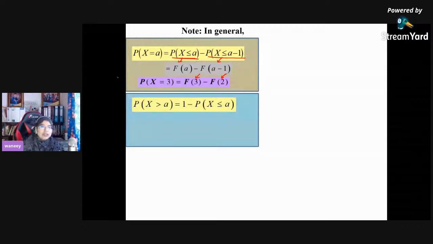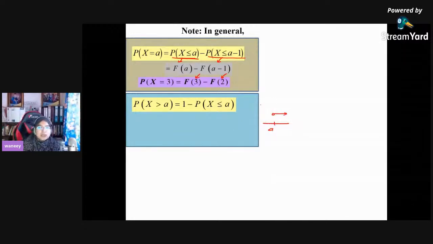Okay, so if let's say you want the probability for x to be greater than A, and this is actually 1 minus probability of x less than or equal to A. Okay, so imagine you have A, this is A, you want greater than A. So what do you do?